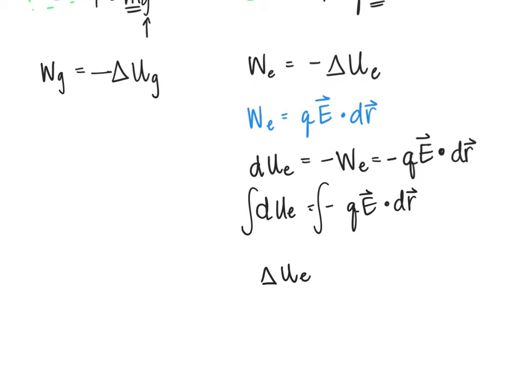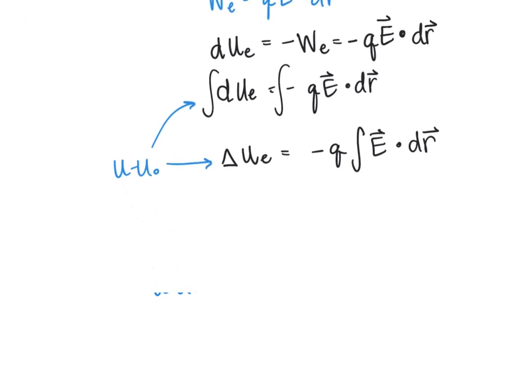Remember, the integral of dU would just give us U minus U initial, so that gives us a change in the energy, which would be equal to negative, pulling the Q out, the integral of E dot dr.